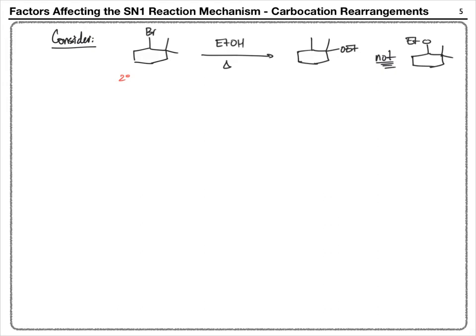So considering the starting material and the product, what's the weird thing about this product? If you had to verbalize something. So the ethoxy is not where the bromide was.